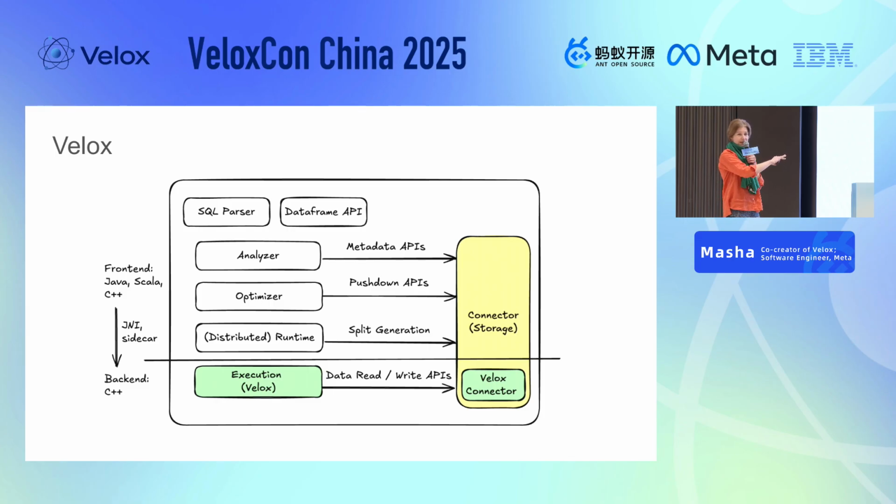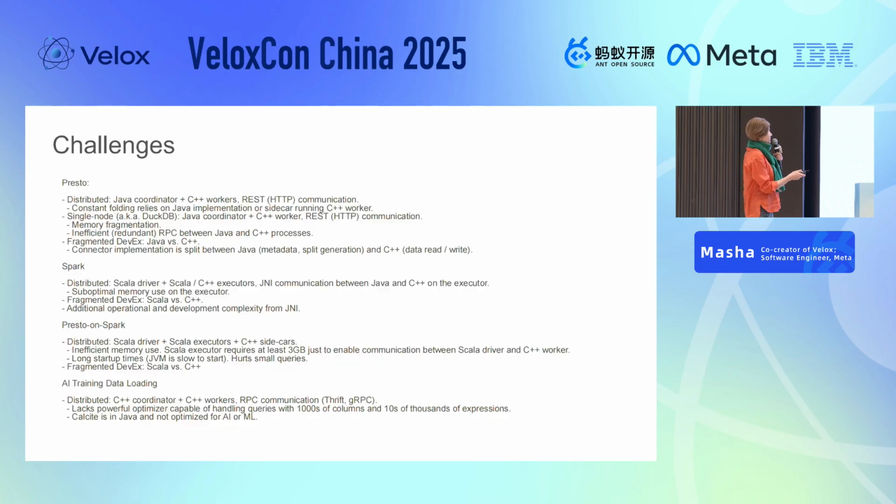Velox-based workers are mostly running in C++, but front ends are still primarily using Java or Scala, and there is a challenge in getting those two systems to communicate smoothly. We often see JNI solutions, which introduce a lot of challenges. Developers have to think both in Java land and in C++ land, which is a bit challenging.